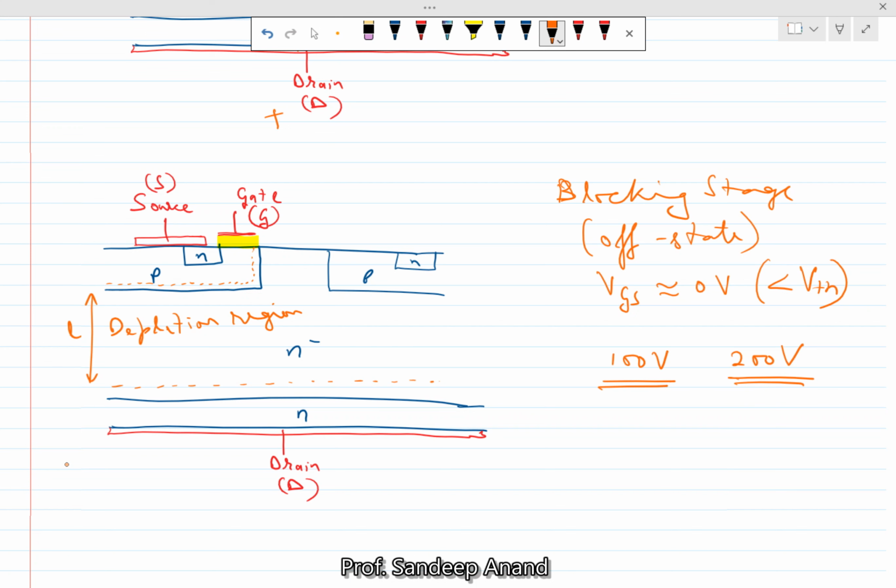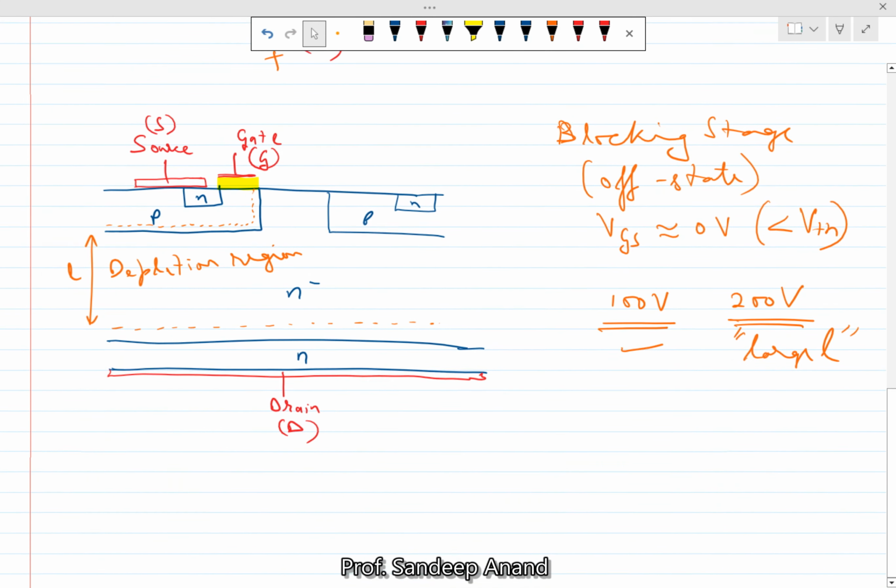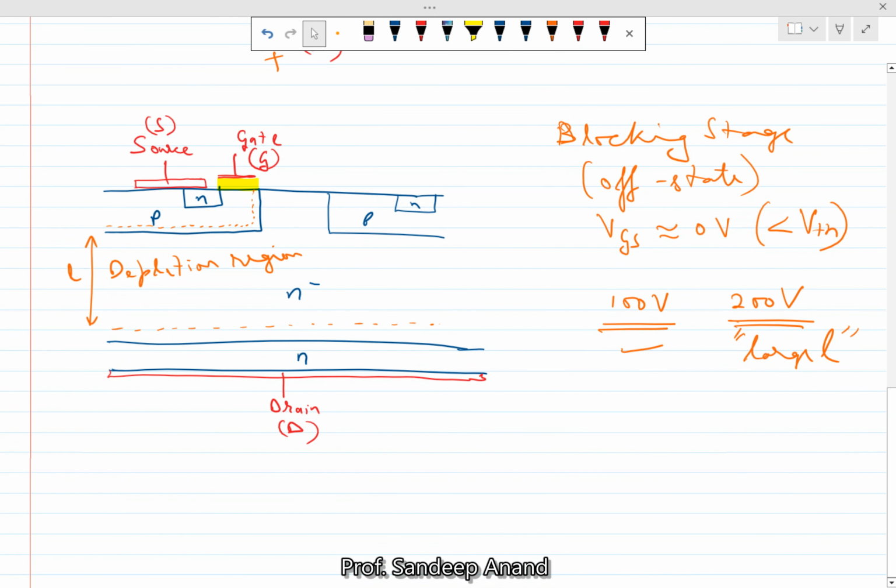So you need a larger depletion region in this case as compared to the first case. And therefore, as the voltage rating, the blocking voltage capability of the MOSFET, increases, 100 volt, 150 volt, 200 volt, 250 volt, 300 volt, the depletion region length L also increases, right?